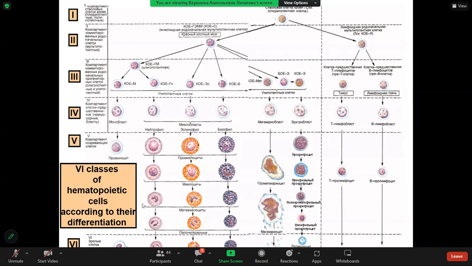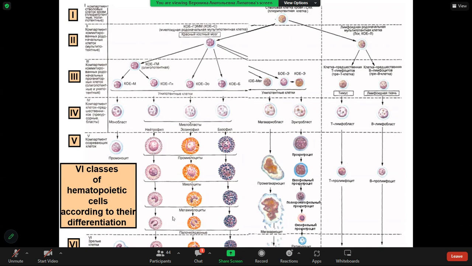The next stage is metamyelocyte. You see a large amount of specific granules in cytoplasm, and the shape of the nucleus isn't spheroid anymore. And metamyelocyte and band cells.